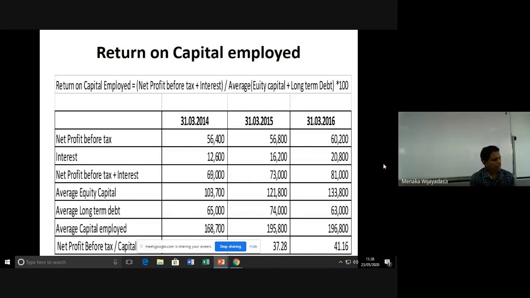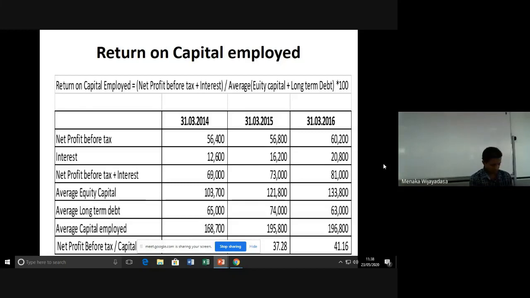Now, you have to take the average long-term debt. Now, go to the balance sheet. If you go to the balance sheet, the long-term debt under non-current liabilities is the term loan. Now, how do you calculate the average for 2014? End balance is 80,000. For the beginning balance, you have to go to note number 1.